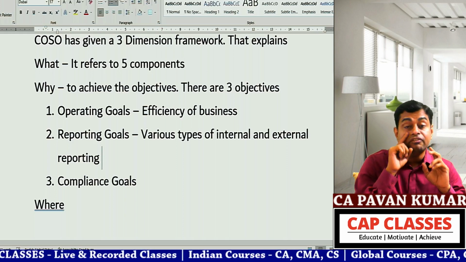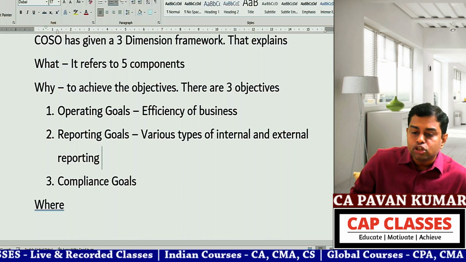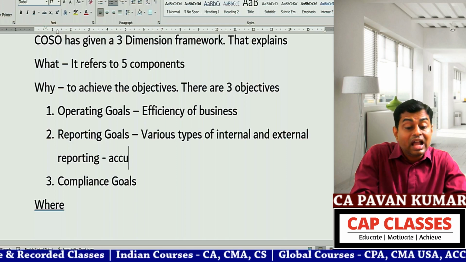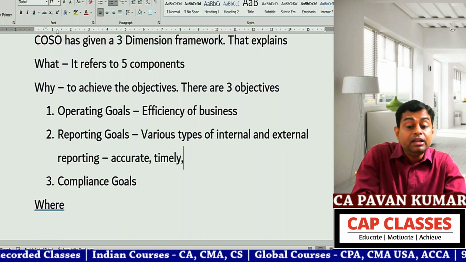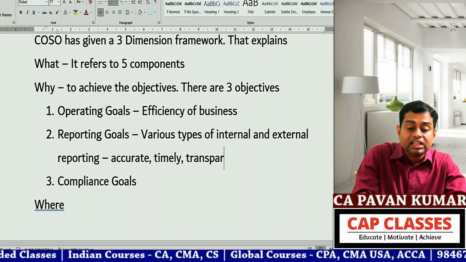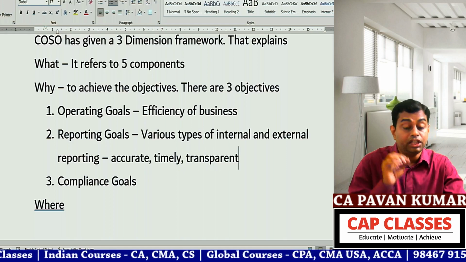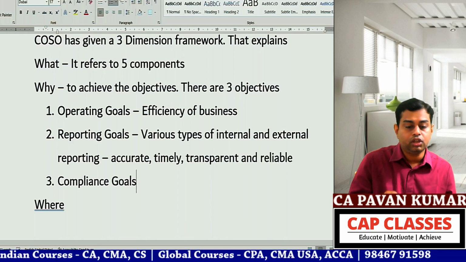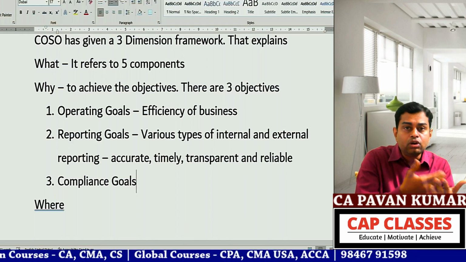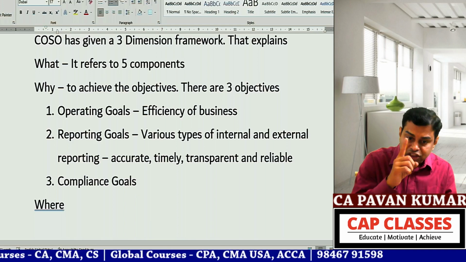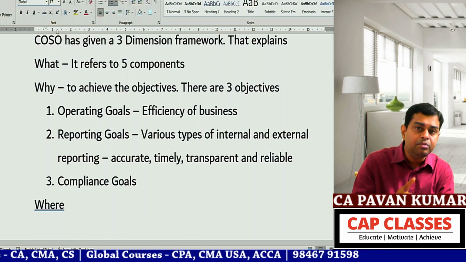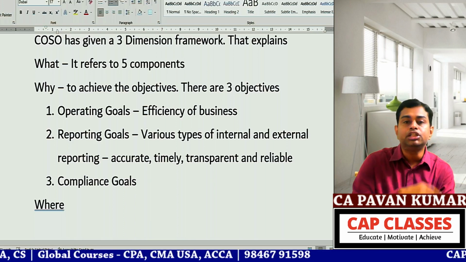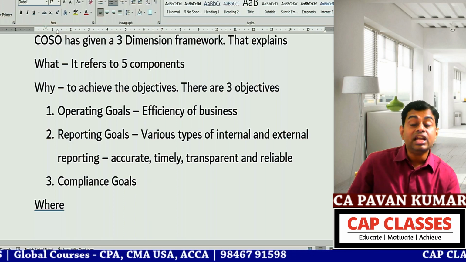But even then, various financial and operating reports prepared, various types of internal and external reporting, should be accurate, timely, transparent and reliable. So if one printout comes from your computer, that data should be accurate, given timely, transparently presented, and the information should be reliable. That is the reporting goal.